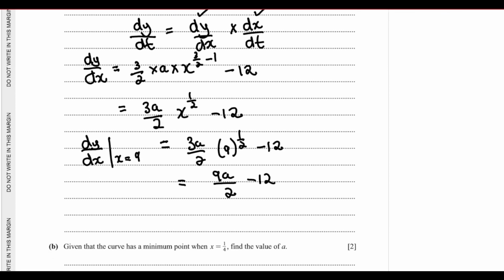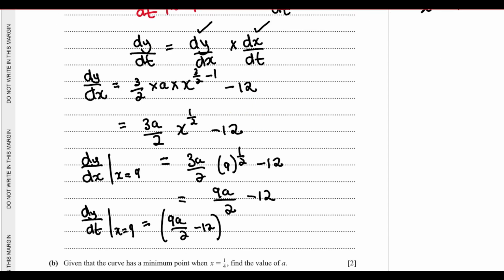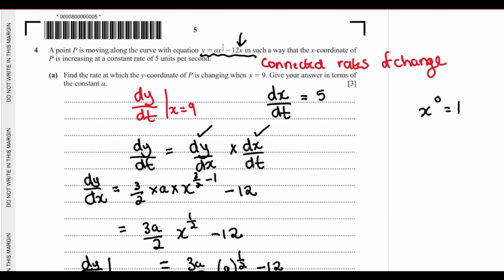We'll have dy/dt when x is equal to 9 is the 9a over 2 minus 12 times dx/dt, which is 5, because it's constant, so it's going to be 5 even when x is equal to 9.